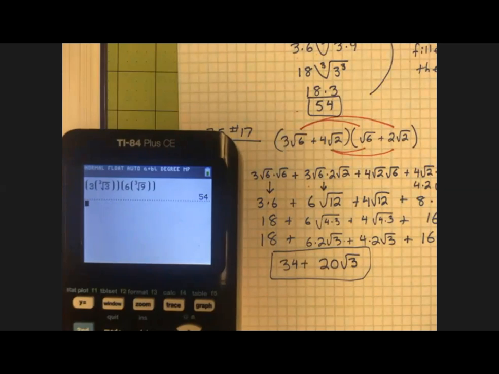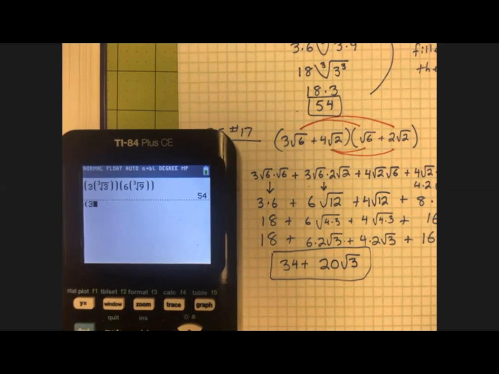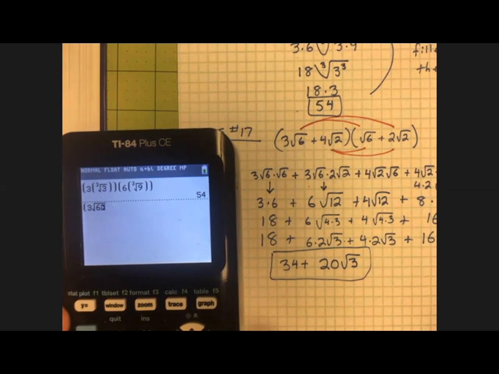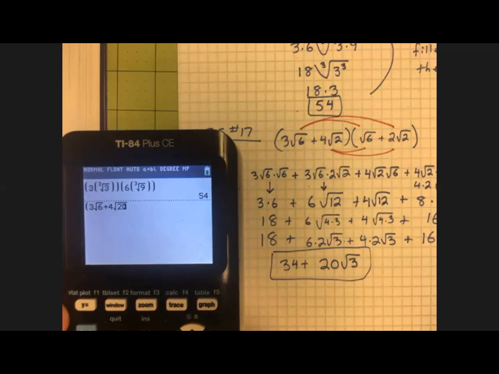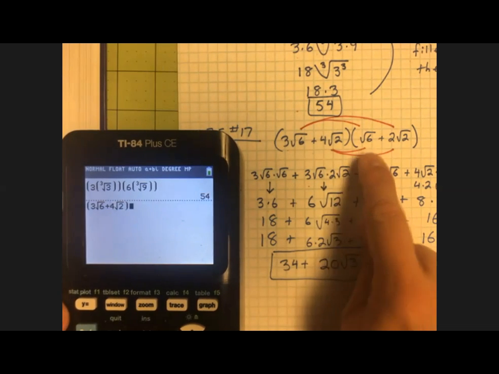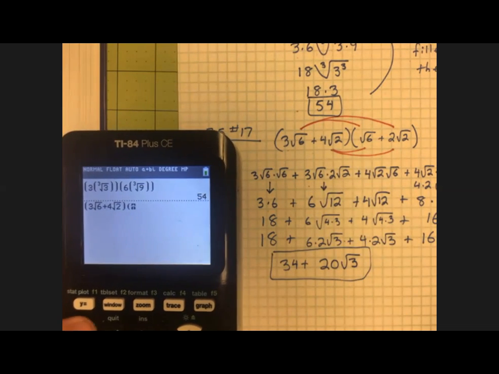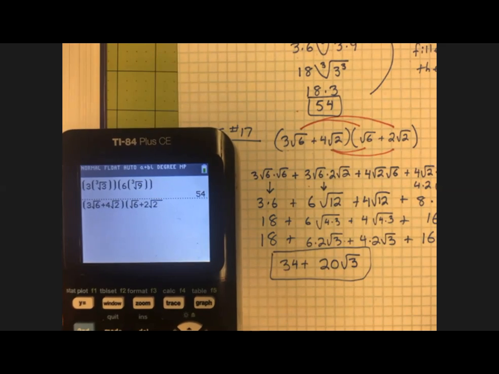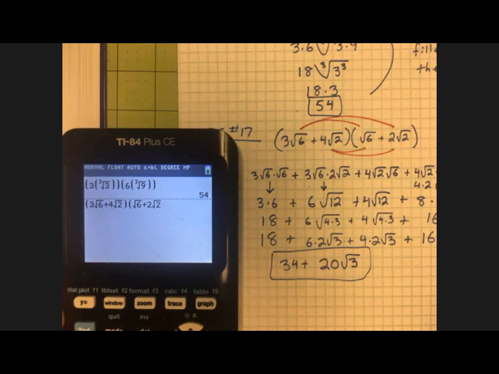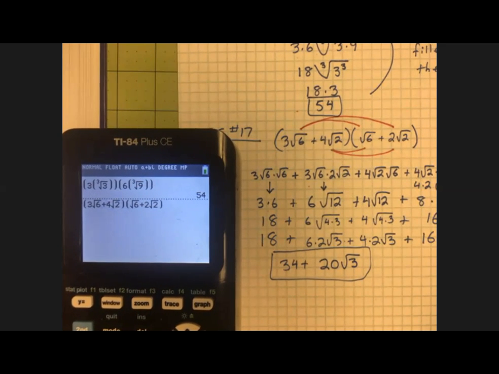So I want to say this again. 3 root 6 plus 4 root 2 times root 6 plus 2 root 2. We found the source.